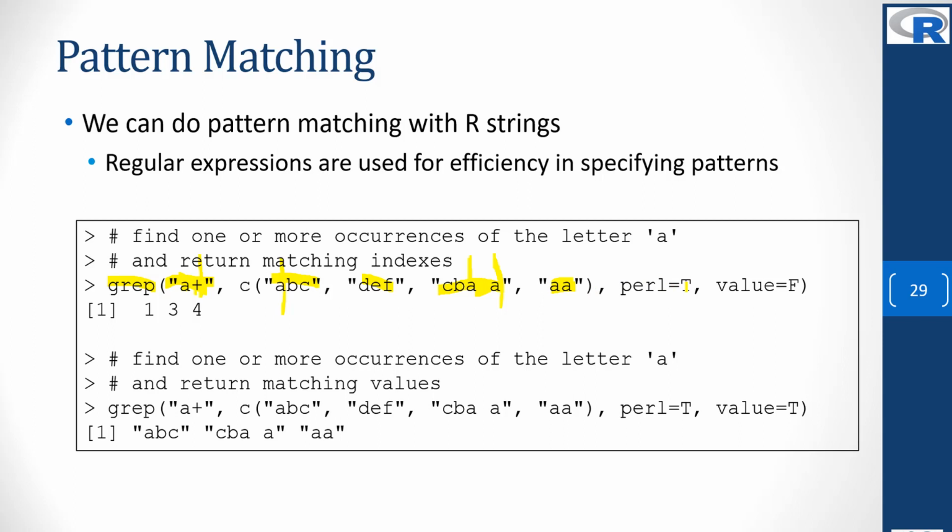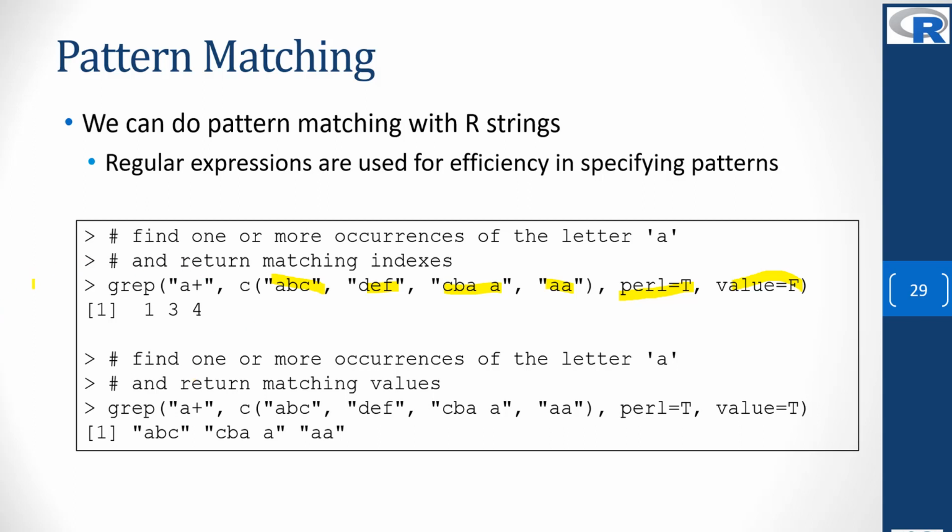Now we have a few arguments. Perl is a scripting language, and this is just specifying that the code used in the Perl language are also accepted in this particular call to grep. You can have true or false for that. So you have the Perl argument, and then you have this value argument. This specifies whether you want the grep function to return the index values of the matches it finds or the actual values that it finds.